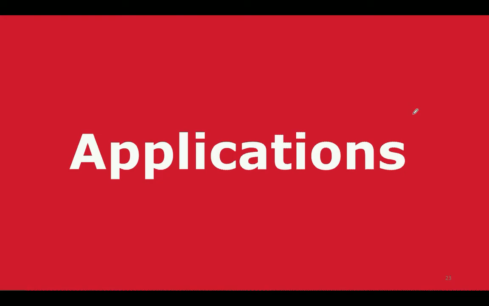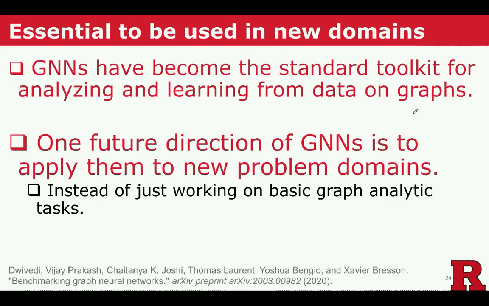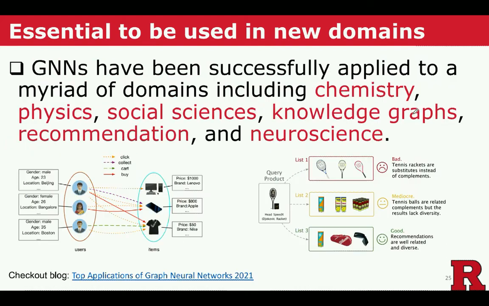Okay, now applications. GNNs have received a lot of attention and progress in the last several years. One future direction of GNNs is to apply them to new problem domains, instead of just working on those basic tasks like node classification and link prediction. And GNNs did not let people down.